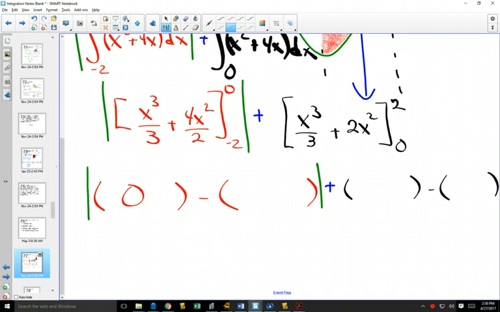Plugging in -2, we're going to get -8 over 3 plus 2 times 4, 8. Over in the black section, plugging in 2 will give us 8 over 3 plus 8. And plugging in 0 will be 0.